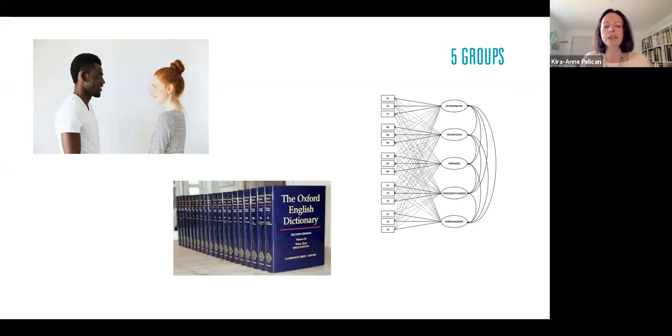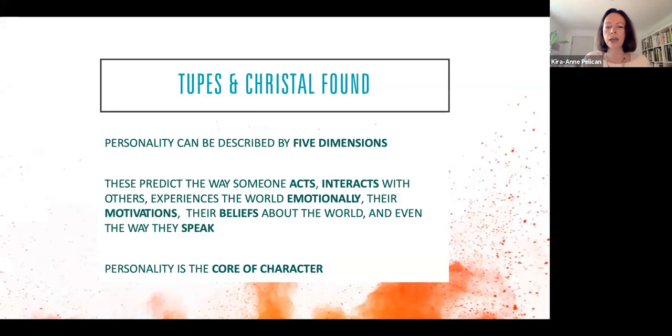So using the process of this lexical hypothesis, personality testing on those pilots, and factor analysis to get these groups of words, they found out that there are 5 dimensions of personality. They discovered that personality can be described by 5 dimensions, and that this was an incredibly robust finding.